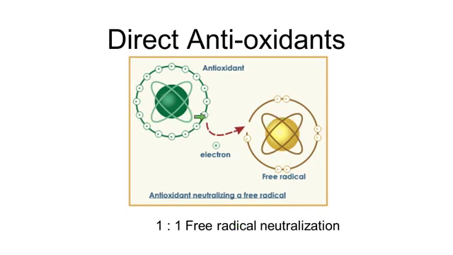they themselves become free radicals. And so the result of that is you can set off a chain reaction if you've got too many of these antioxidant molecules floating around. You can imagine if this antioxidant molecule becomes a free radical, it's going to go try to find an electron from another antioxidant molecule, and you can set off a chain reaction.